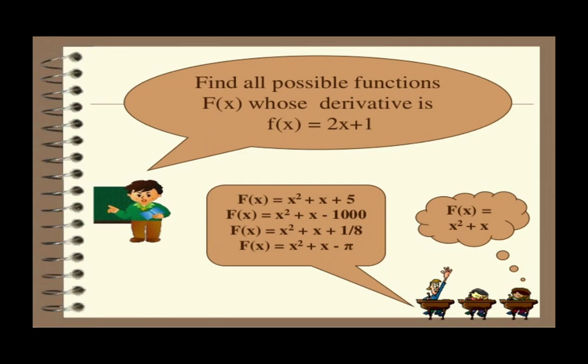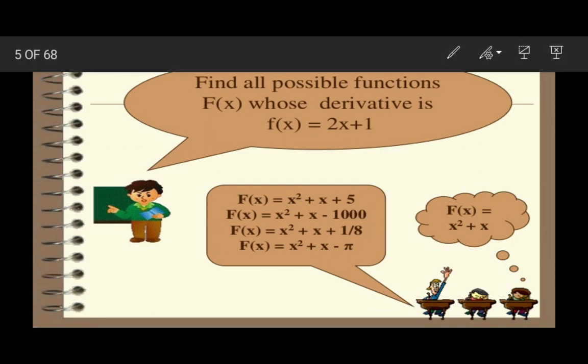Now the very first thing is to find all possible functions F(x) whose derivative is f of x. My question is, once again I am repeating my question, you have to find F(x). F(x) means you have to find the function whose derivative is this.